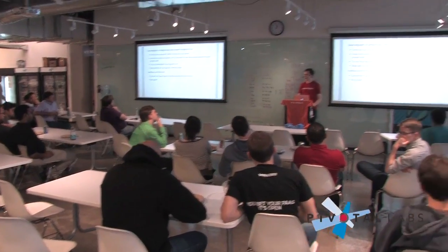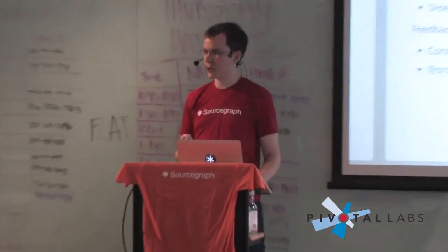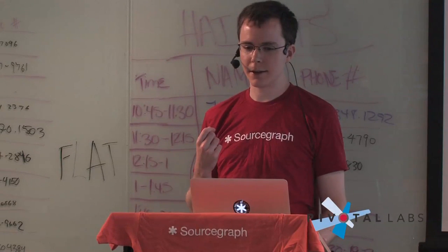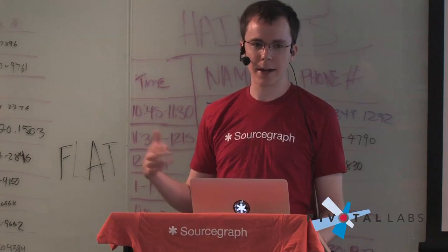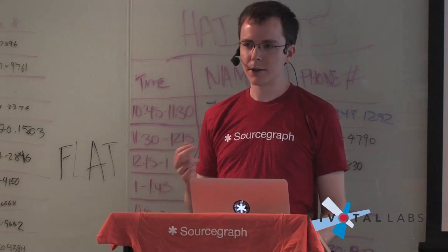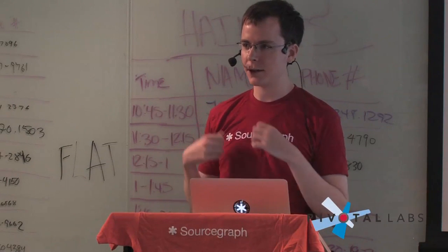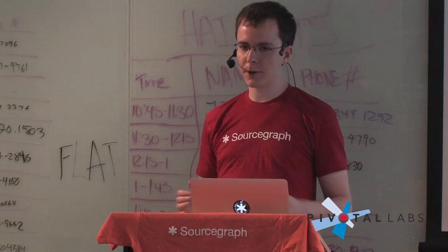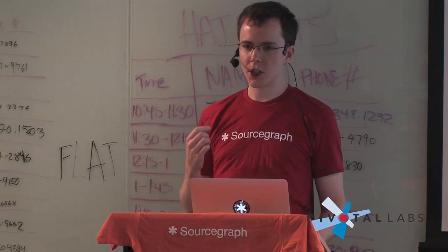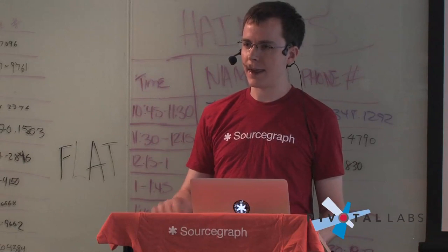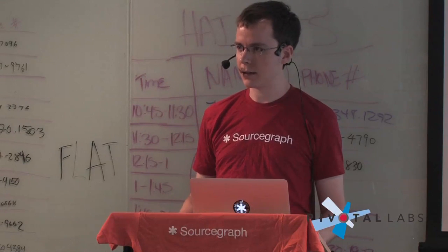Yeah, so the question is, if you know the name of the function that you want to call, then you probably already know how to do the things with that function. There are two kinds of search that we have. One is you find the function, and the other is you find an example. The workflow right now in Sourcegraph is pretty much the function or some keywords in the function name, and then given that, what are the examples of people using that?